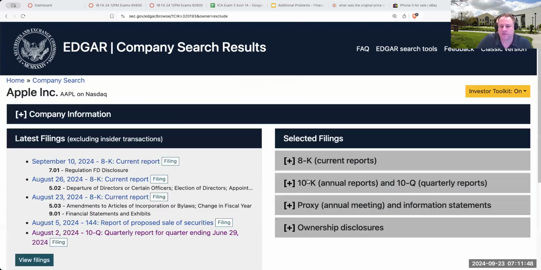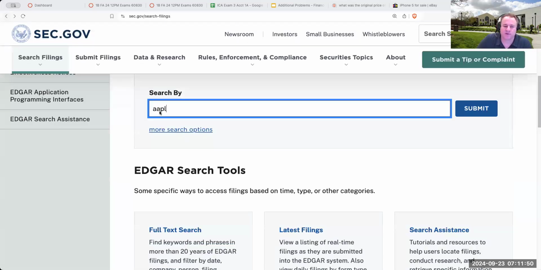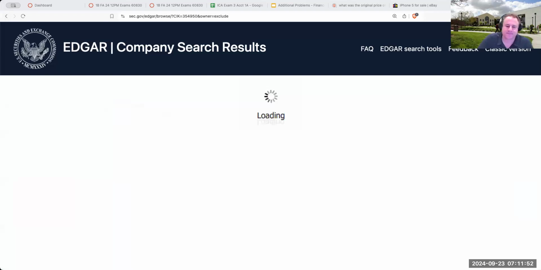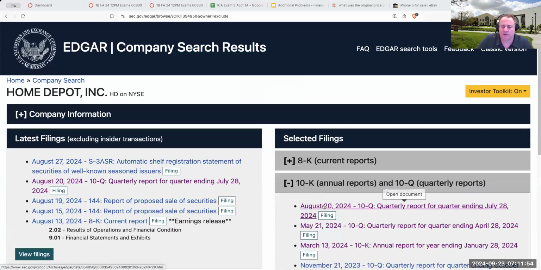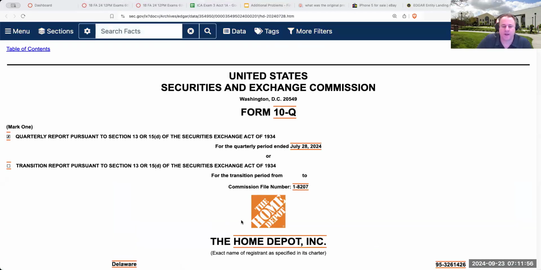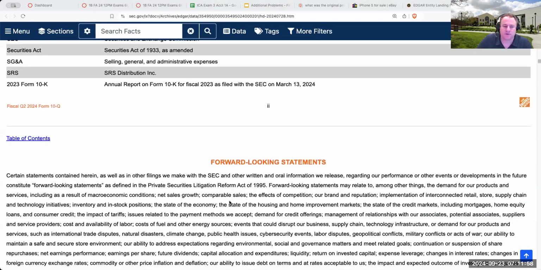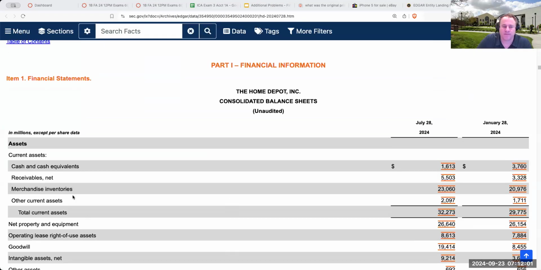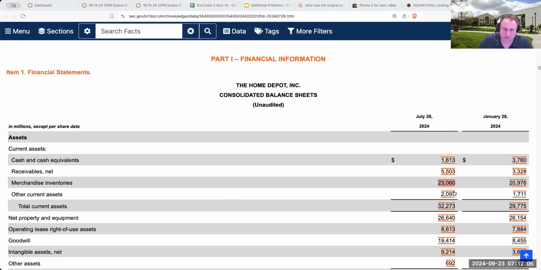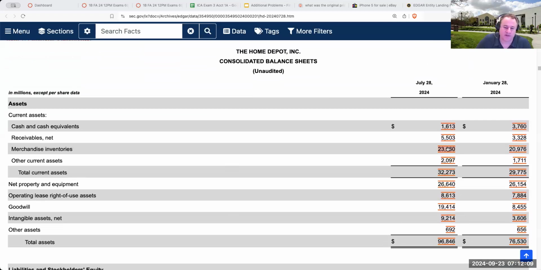Let me do a better example. Let's take a look at the Home Depot. Inventory is about $23 billion, almost a third of the balance sheet.